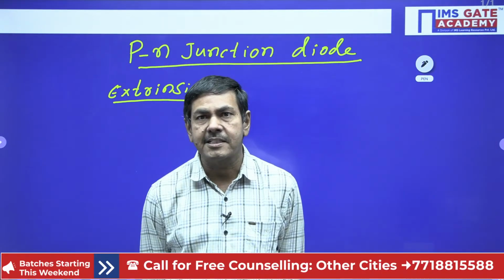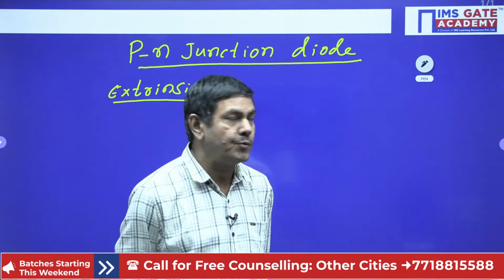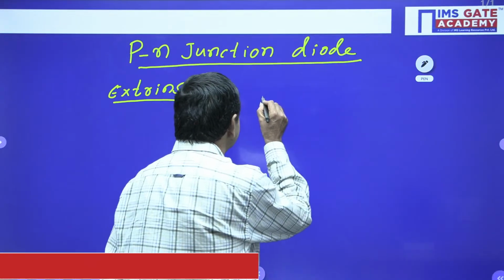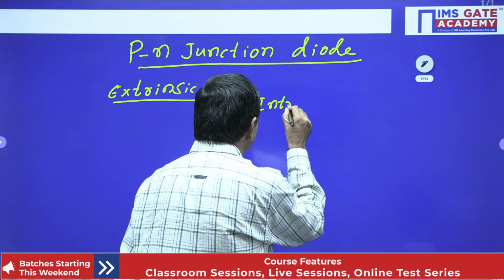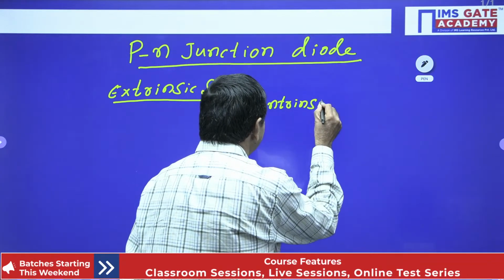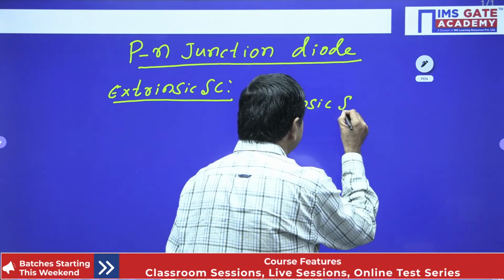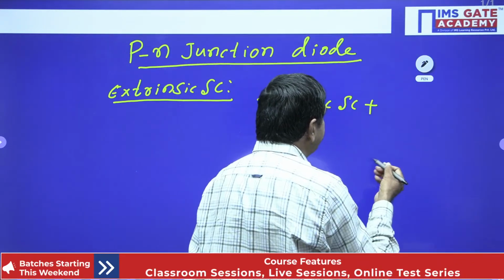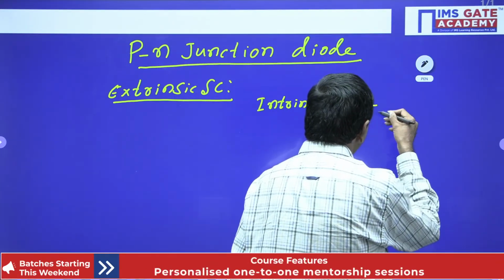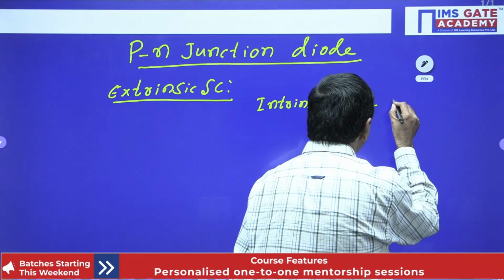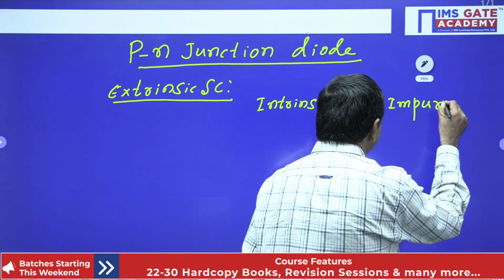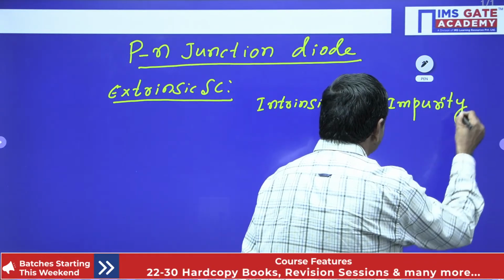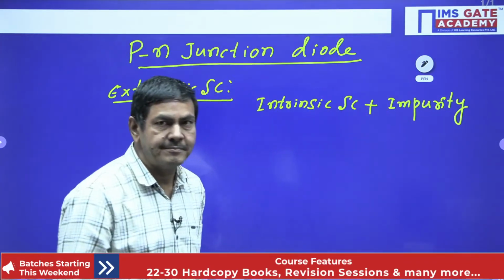How is extrinsic semiconductor formed? You must select intrinsic semiconductor. That is to be doped with impurity atoms.